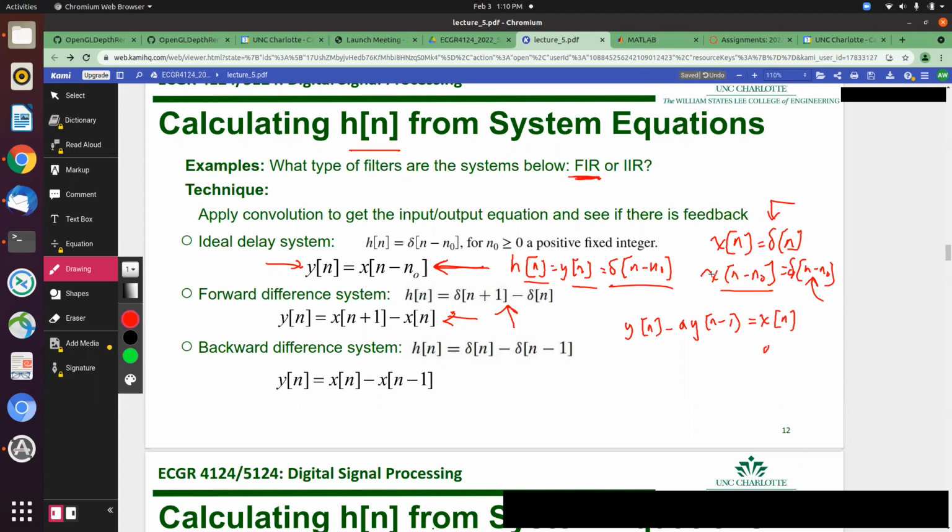Let's let x of n equal delta of n. And then you have y of n minus a y of n minus 1. But what happens here? It's no longer a direct substitution. For example, assuming that y of minus 1 is 0, what is y of 0?